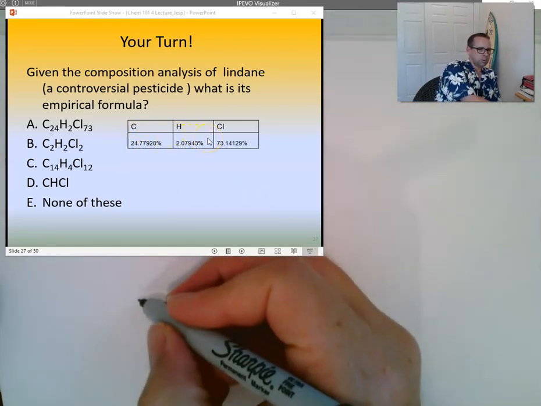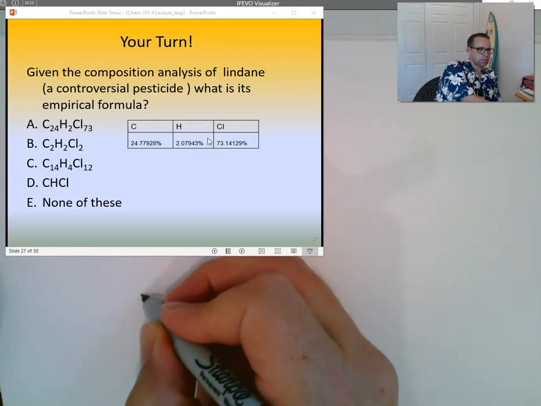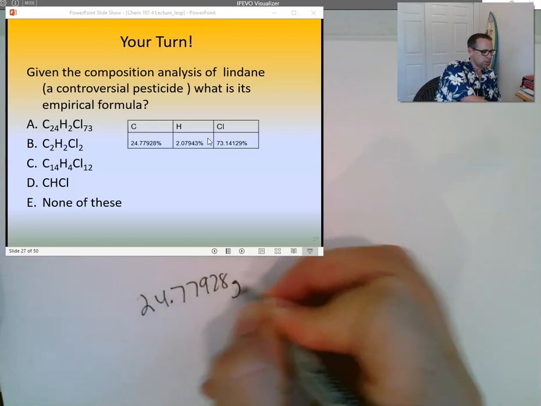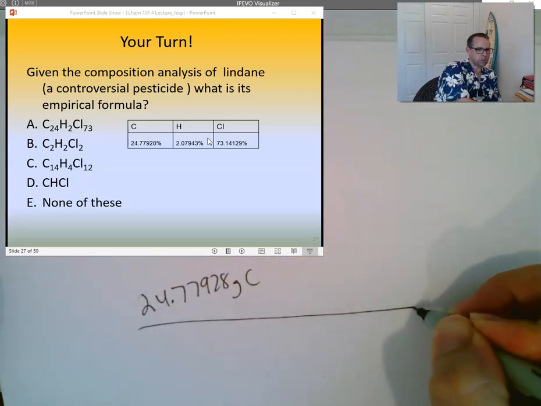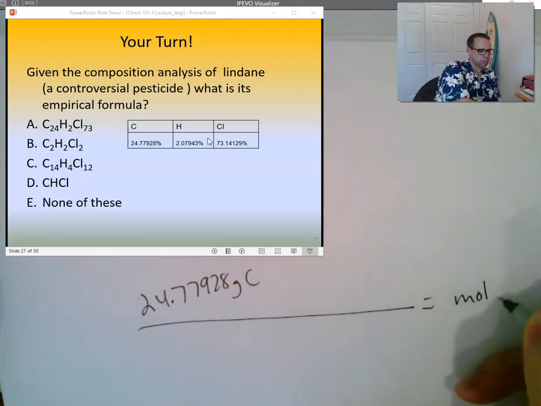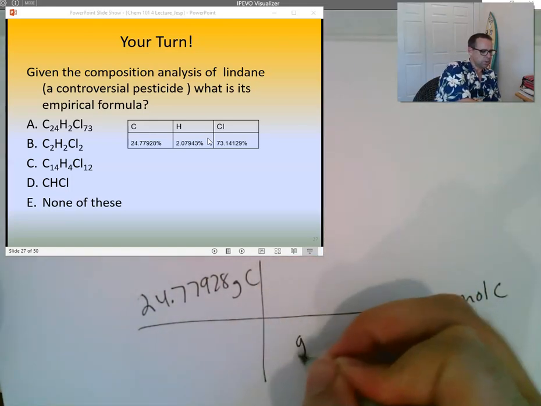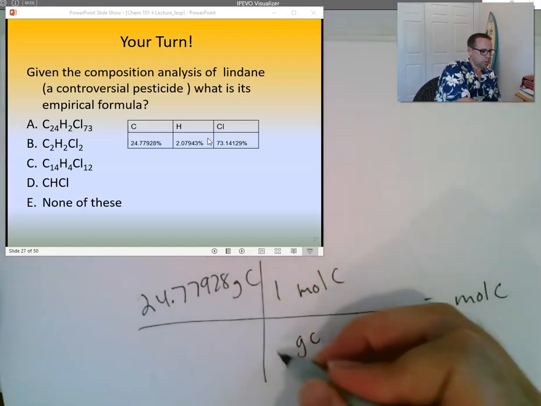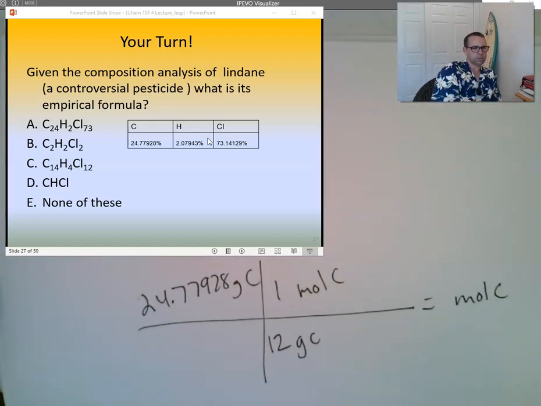And therefore, we can start with 24.77928 grams of carbon. And we're going to convert that to moles of carbon by using the molar mass of carbon. 1 mole is 12 grams.